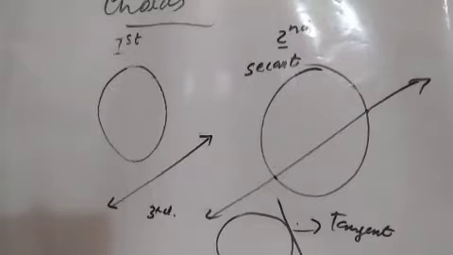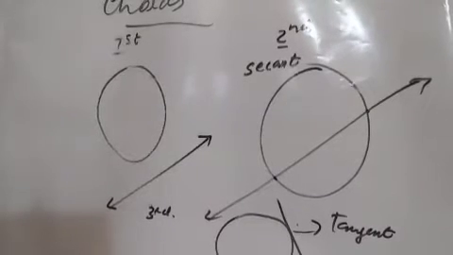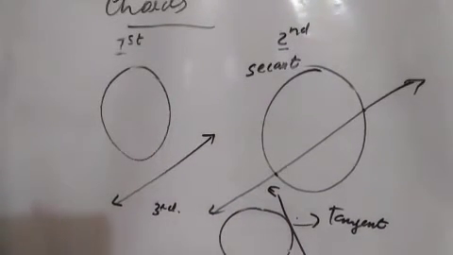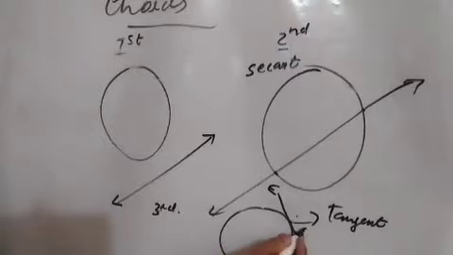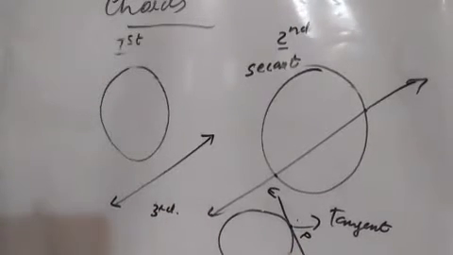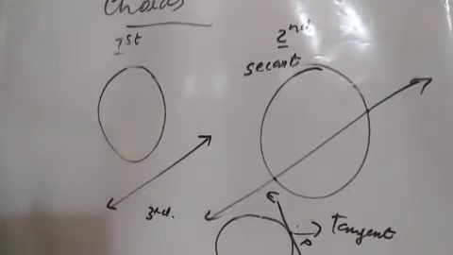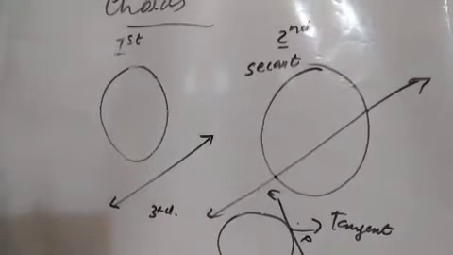So, in the given figure, EF is a tangent at the point P. P is a point on the circle. This point P is called the point of contact.